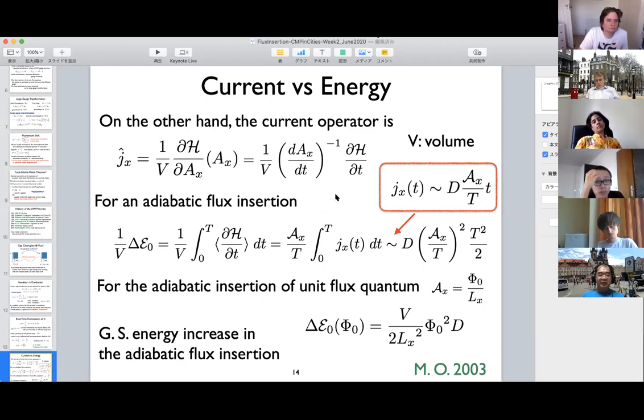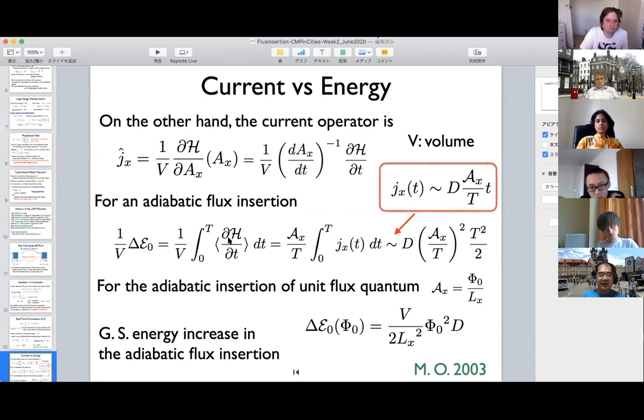So for adiabatic flux insertion, now I want to evaluate how much energy the system gains by doing this adiabatic flux insertion.